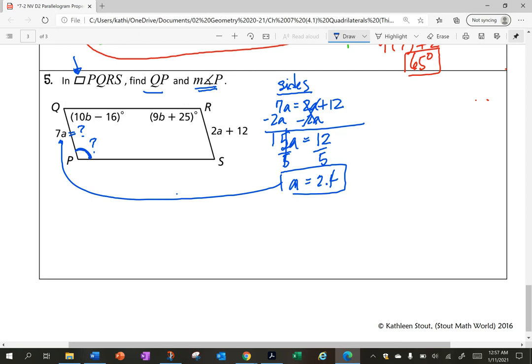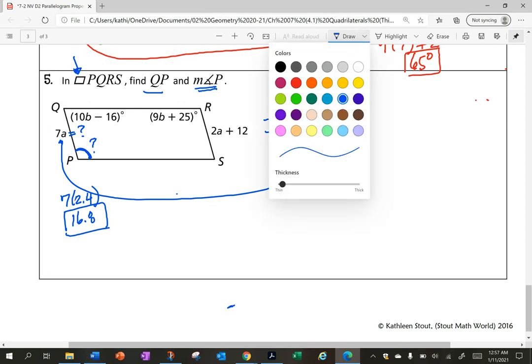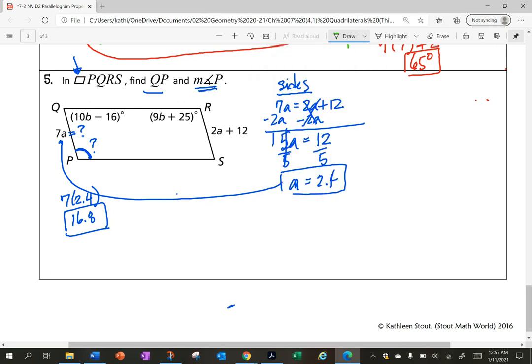So substituting in 7 times 2.4, I get 16.8 for Q to P. Okay, so let's solve for my angle.